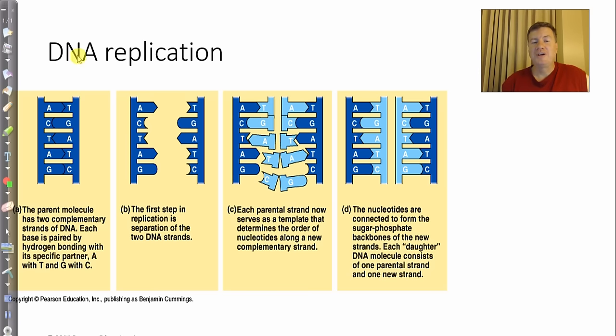The light blue here is showing you the new version of DNA being made, but notice A bonds to T, and A bonds to T, C to G, C to G. Since G and C can only bond to each other, whenever G is exposed, like you see there, the only thing that can bond to it is a C. And you see the same thing happening here. Ultimately, I get two molecules that are exactly alike, AT, AT, CG, CG, etc.